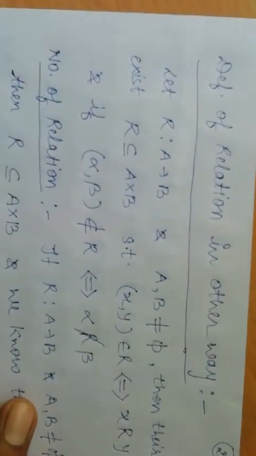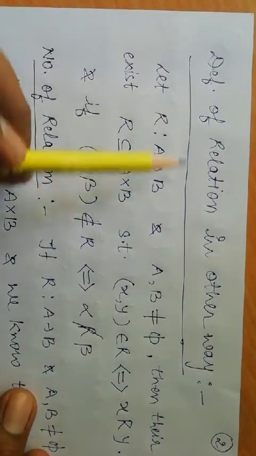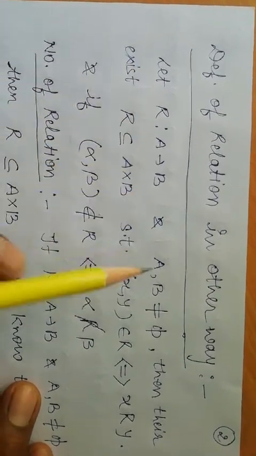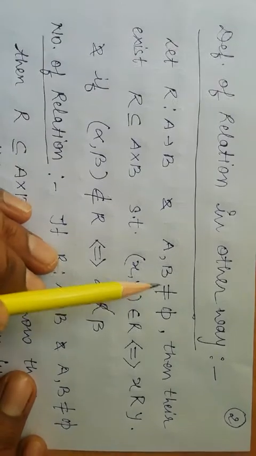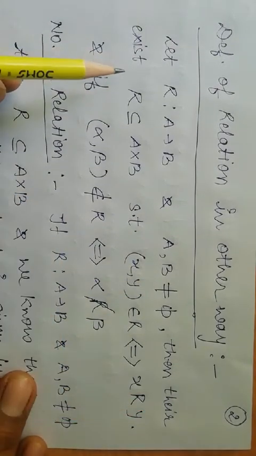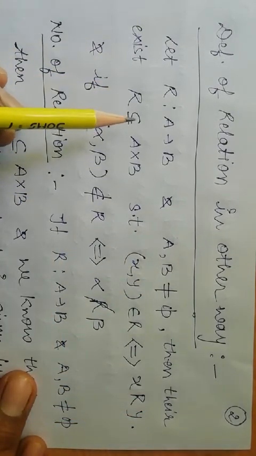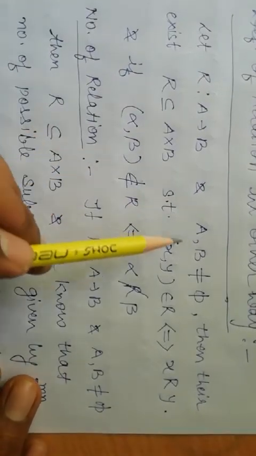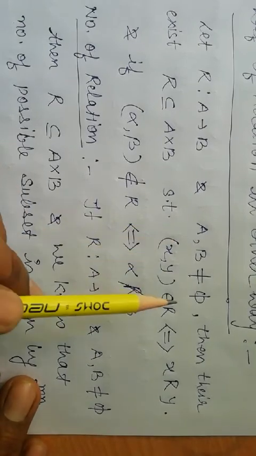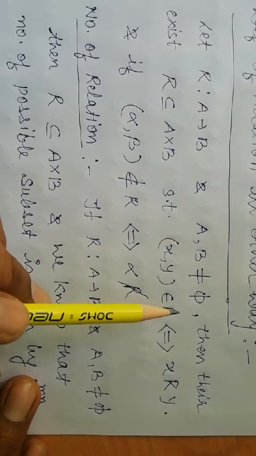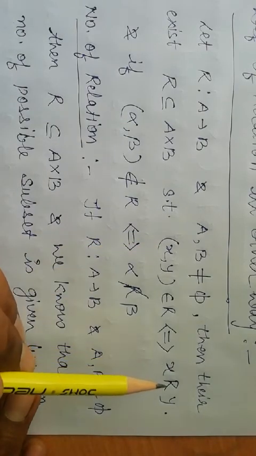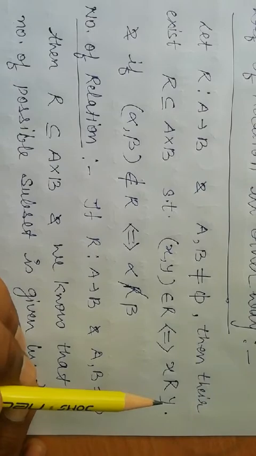Now students, we can express the definition of relation in another way also. Let R be defined from A to B, where A and B are non-empty sets. Then R is a relation which is a subset of A cross B, such that if I consider one ordered pair x comma y which belongs to relation R, I can say x is related to y, written x R y.